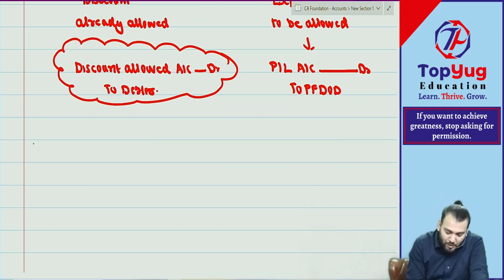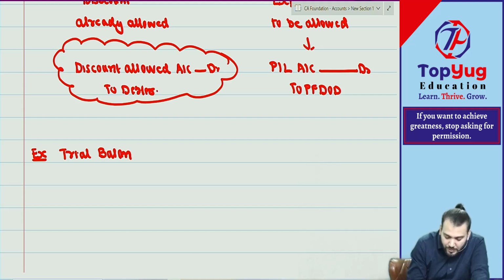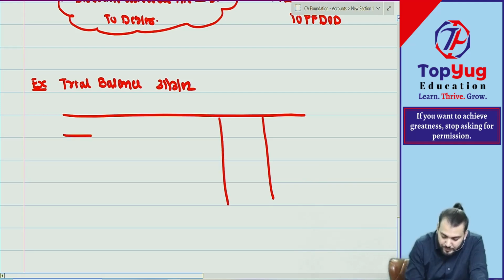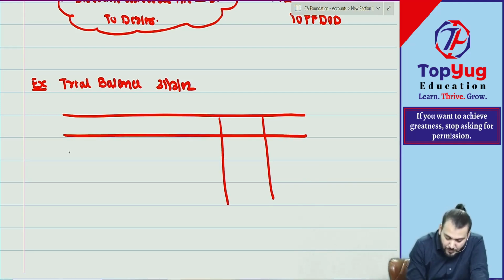We'll take one practice example. Write down trial balance, 31st March 2002. They will give you debtor, suppose 10 lakh.